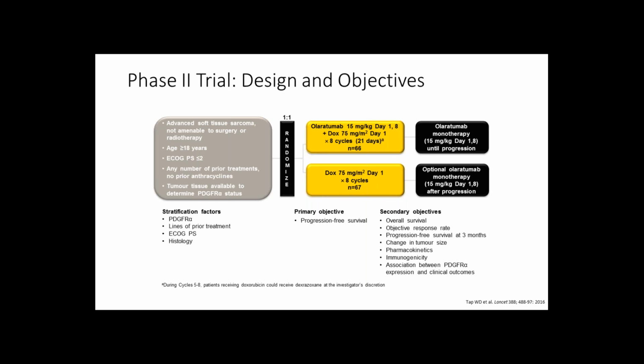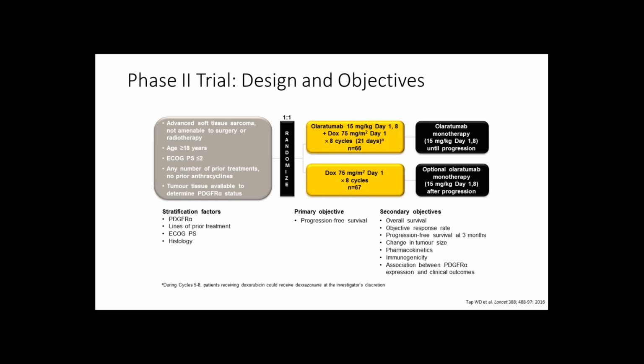So the primary endpoint of the trial was progression-free survival. Secondary endpoints included overall survival, objective response rate, progression-free survival at 3 months, and change in tumor size. There were various exploratory pharmacokinetic endpoints and also exploratory endpoints analyzing PDGFR alpha status and clinical outcome.